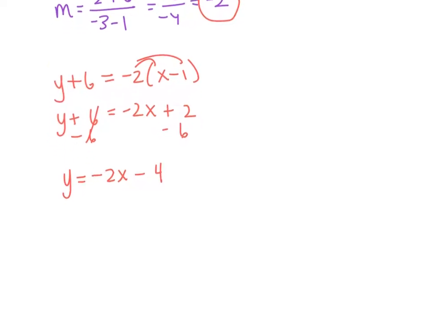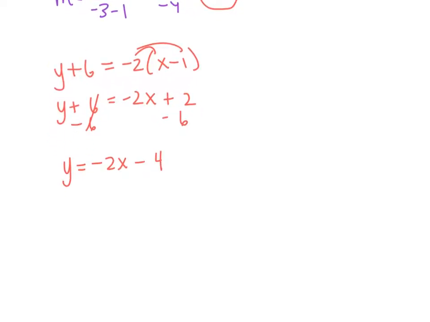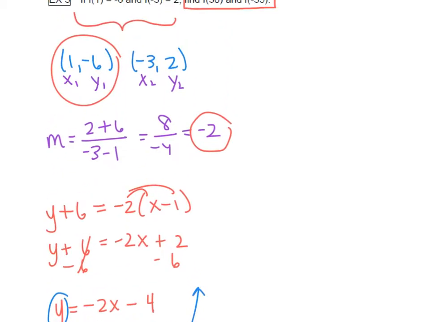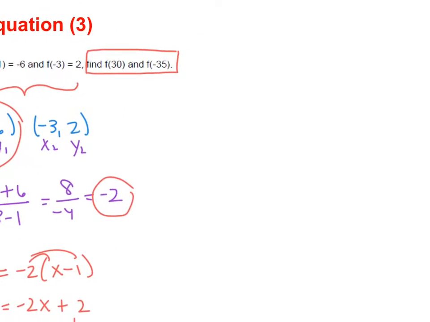But again, we started with function notation, so we're going to say f of x equals -2x minus 4. Alright, this is what we're going to use to go back up to the original question and answer what they actually were asking. So our function is, I'll go ahead and rewrite it, f of x equals -2x minus 4.